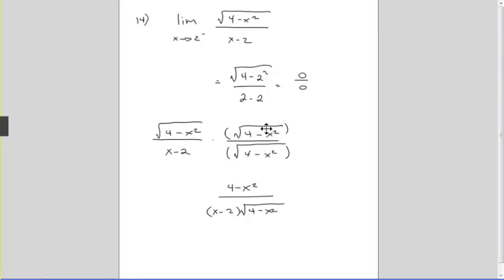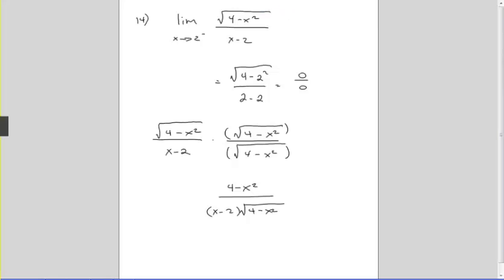I'm thinking back to chapter 1 when we used rationalization. I'm trying to remember the exact form of the expression. Let me just look back. It's been a while since we've done this, and it's not coming exactly to me. Rationalization usually dealt with the square root of something plus a constant or minus a constant.